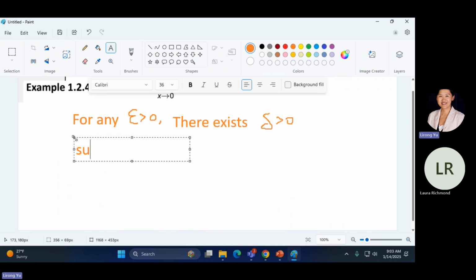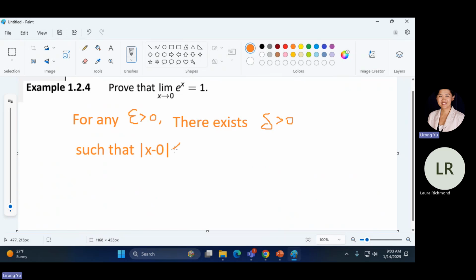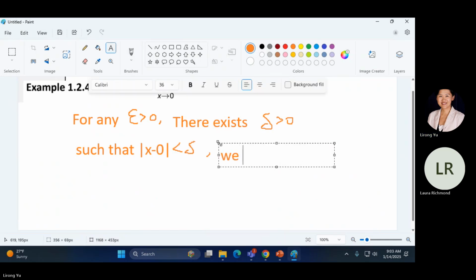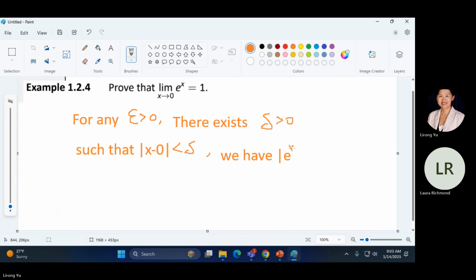Such that whenever x minus 0 is close, x is close to 0, closer than delta, we have the difference between e to the x and 1. e to the x has the limit that equals 1. e to the x minus 1 is less than epsilon. So this is pretty much the definition for the limit.